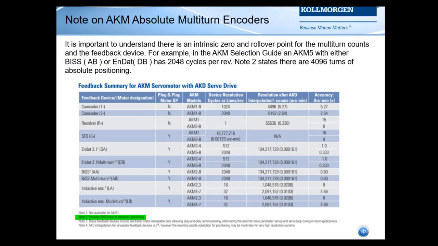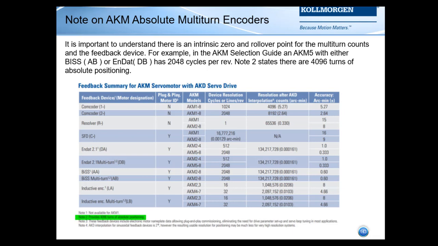Let's talk about AKM motors and absolute multi-turn encoders. It is important to understand there is an intrinsic 0 and rollover point for the multi-turn counts in the feedback device. For example, in the AKM selection guide, an AKM5 with either VIS, which is an AB feedback code, or NDAT, DB feedback code, has 2048 cycles per revolution.